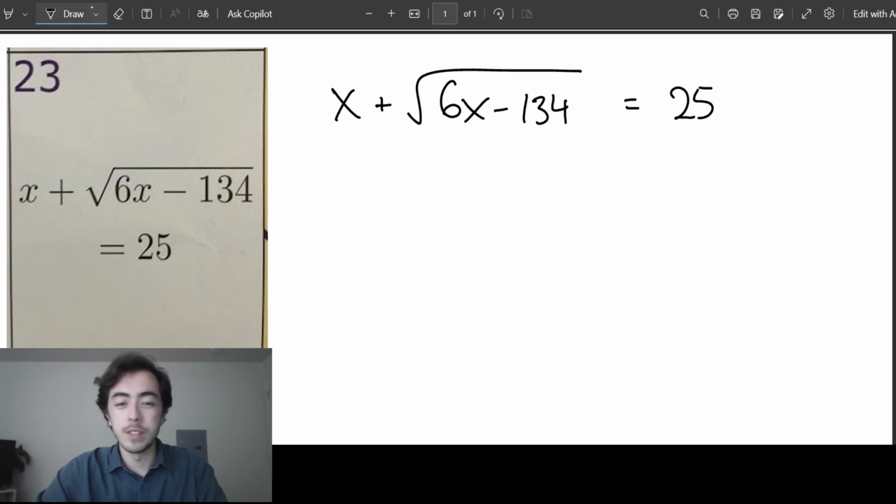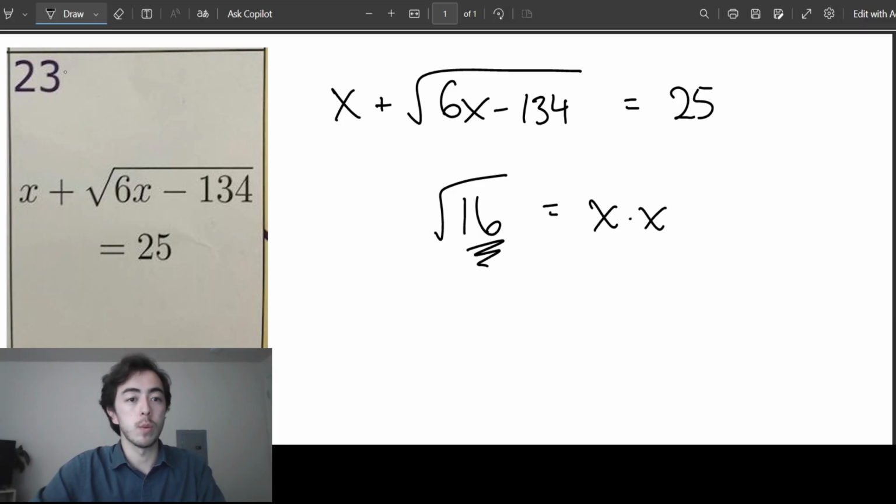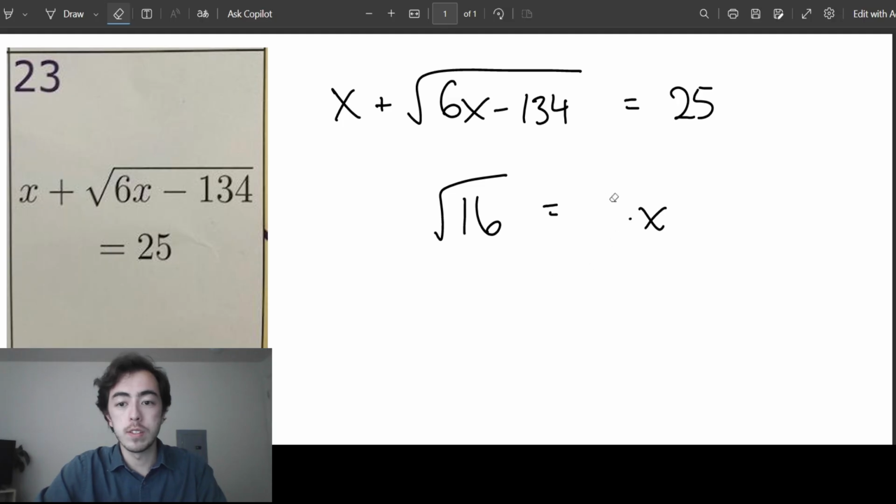I guess for starters, I just wanted to talk about why it can't be negative underneath. Just by definition, a square root basically says find some number where that number times itself gives you the thing underneath the square root sign. So the square root of 16 is 4, because 4 times 4 gives us 16.